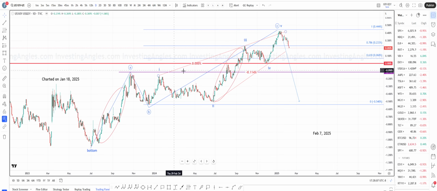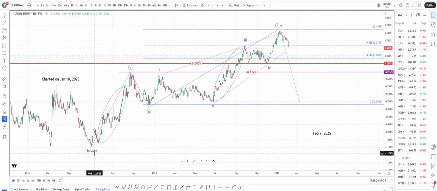This is a non-overlapping diagonal, but the waves here, wave 1, wave 3, wave 5, have more corrective qualities than impulsive ones, and that's particularly the big concern about wave A, which is clearly corrective here.